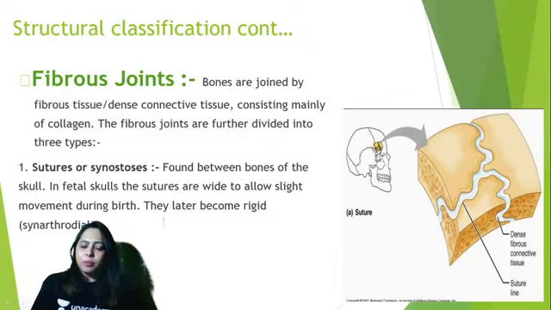This is one important landmark called the pterion. And similarly, you have one more here at the back, where the parietal, occipital, and the squamous part of the temporal meet, and that point is known as asterion.